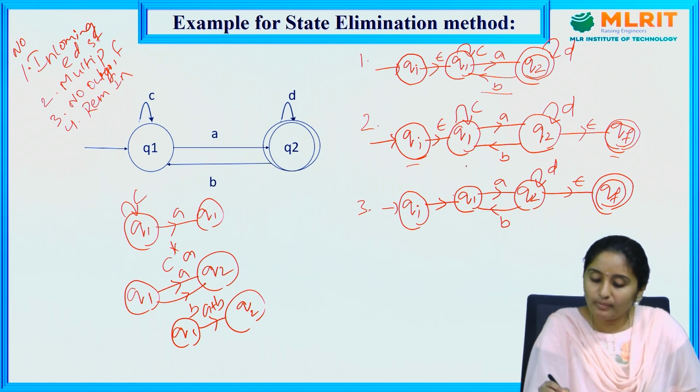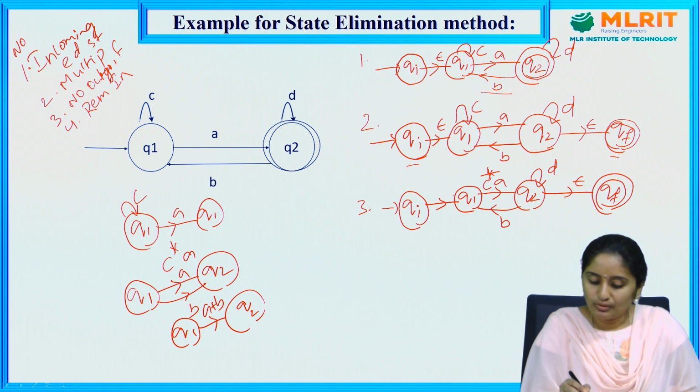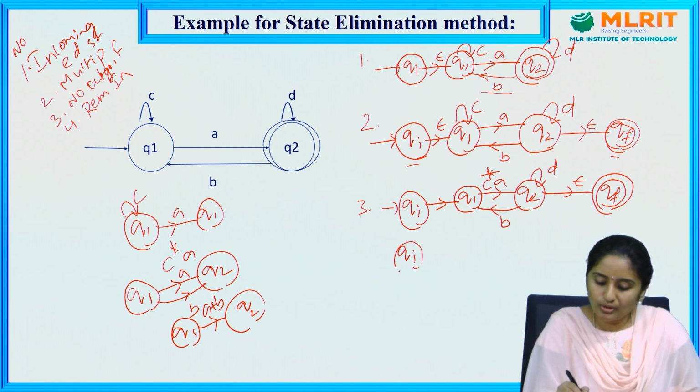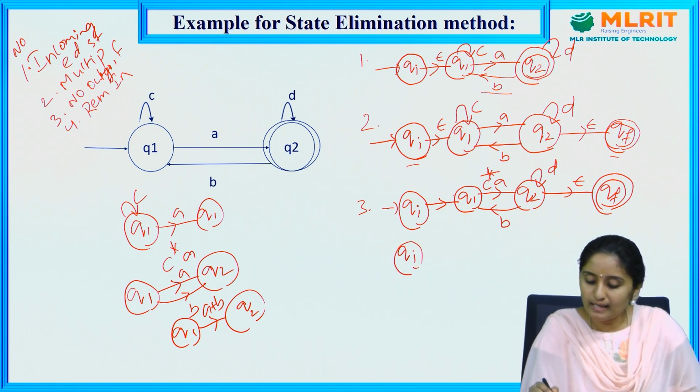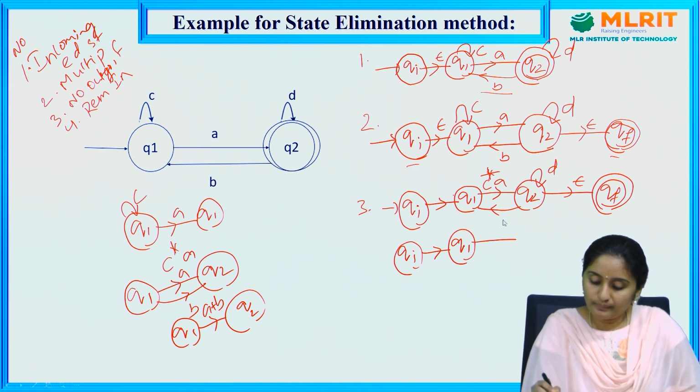A self loop is nothing but I can repeat it multiple times, so I can write it as closure, C star A, to Q2. Next I am going to eliminate this: C star A and I have B. So I can write it as Qi, Q1, C star A, Q2, D, epsilon, QF.